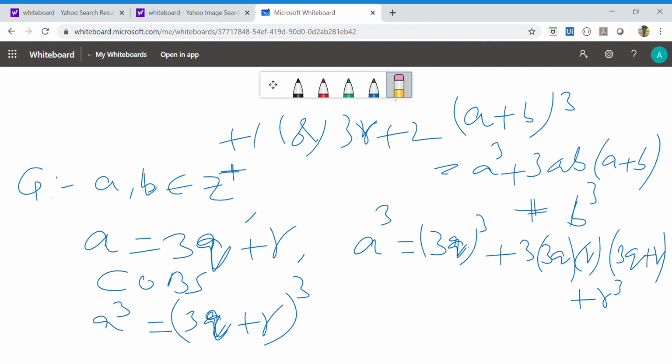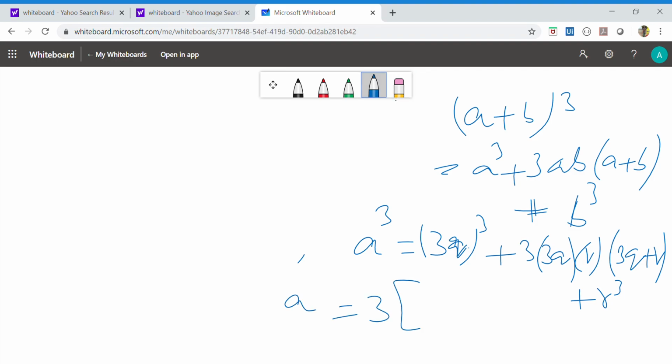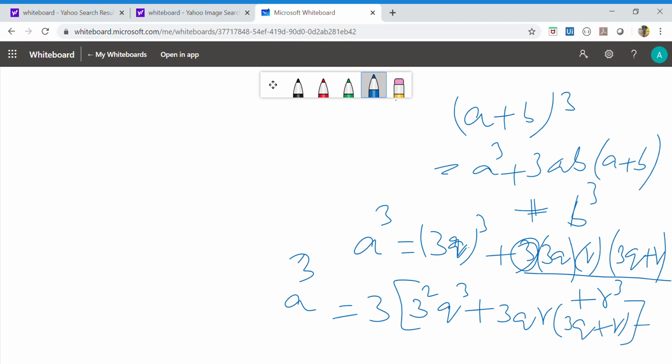Now I have to take 3 as common from the first two terms. So a cube is equal to 3 into 3 square q cube, and from the next term, 3 into 3q into r into 3q plus r, everything is considered as one term because all are under multiplication. Taking 3 common, what is left over is 3q r into 3q plus r, plus r cube.